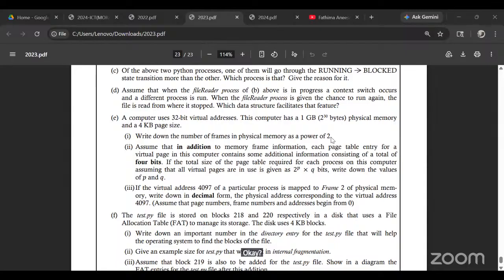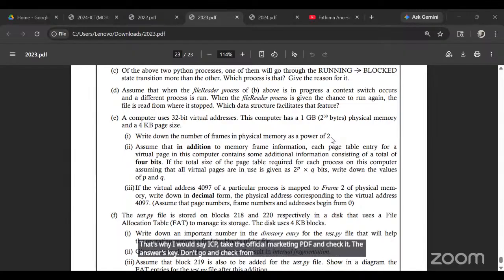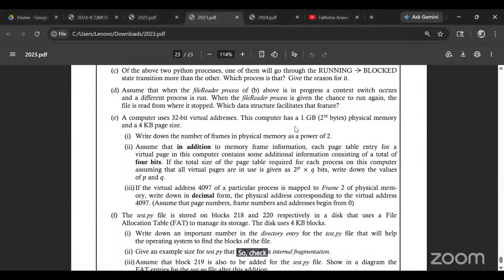That's why I would say for ICT, take the official marking scheme PDF and check it. Don't check from some publications, they give wrong schemes, wrong allocation, and wrong answers could also be there. So check the official PDFs. Was that clear?